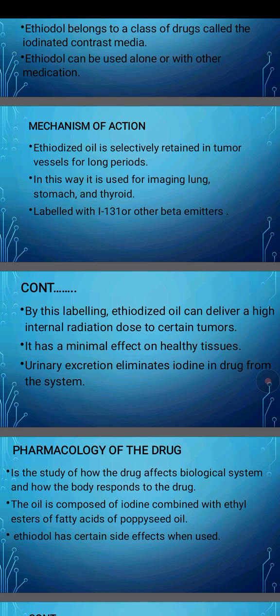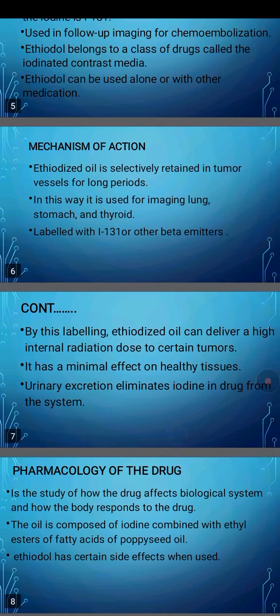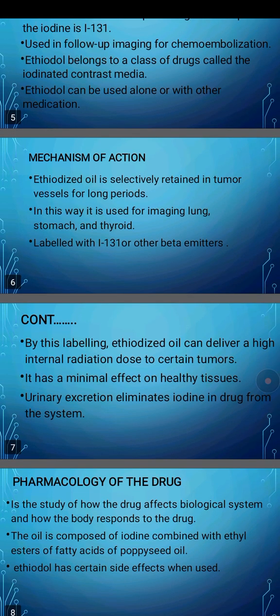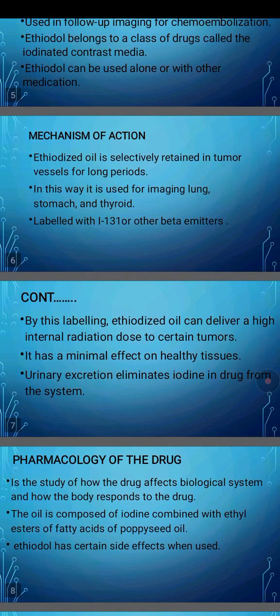We find out that when ethiodized oil is administered or introduced in the body, it stays for long periods in the tumor vessels. Therefore, it can be used for imaging the tumor of those vessels to which it is administered.